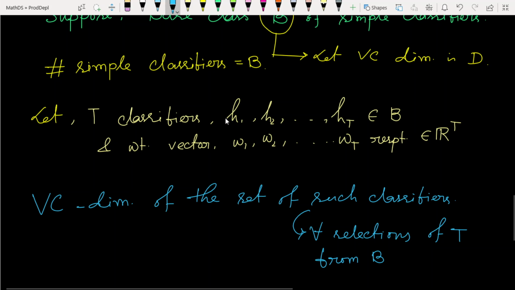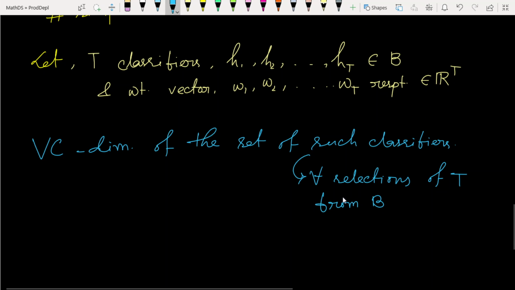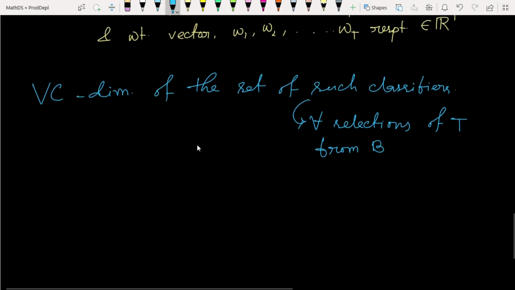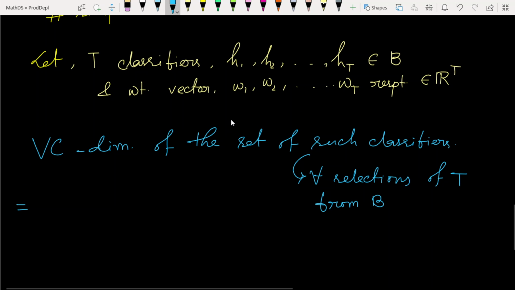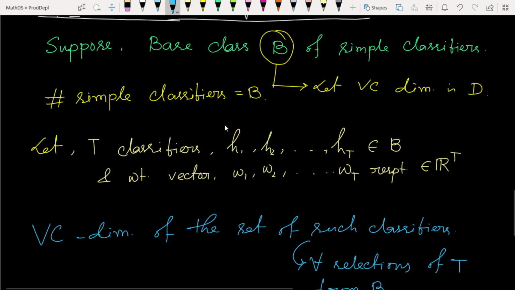T means the number of subsets from this B we have considered. And for the H base classifiers with weights, the VC dimension of this set of classifiers we will find using this formula. I think you got the point of what I am going to say.